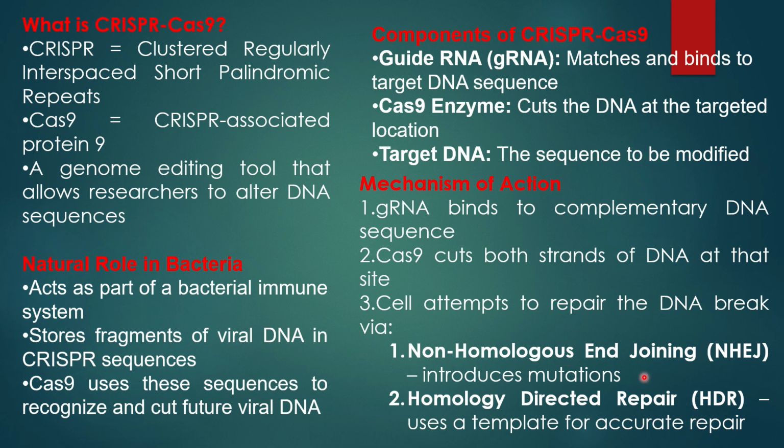Non-homologous end joining is from the cell side and it may lead to mutations, because the lost nucleotides cannot be filled in the gaps. Homology directed repair uses a template of nucleotides for accurate repair and filling the gaps.